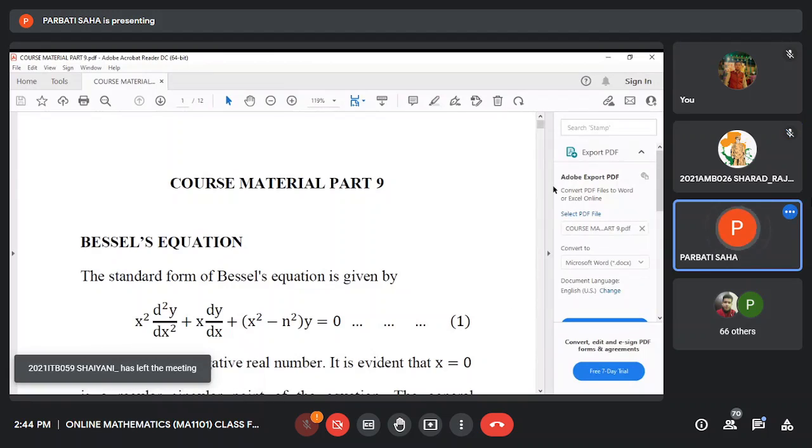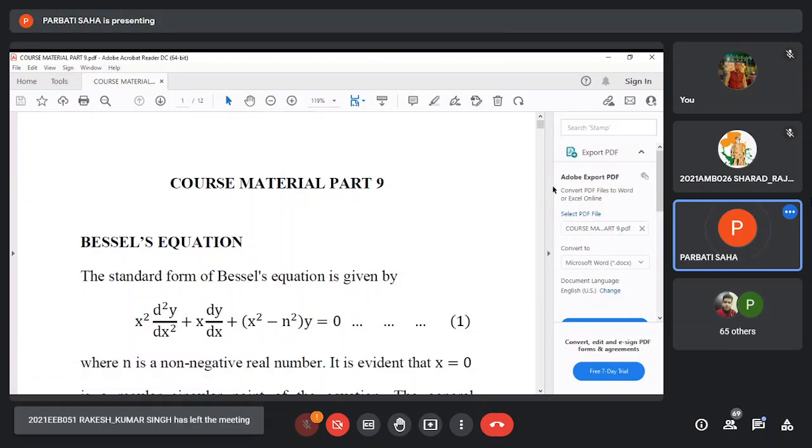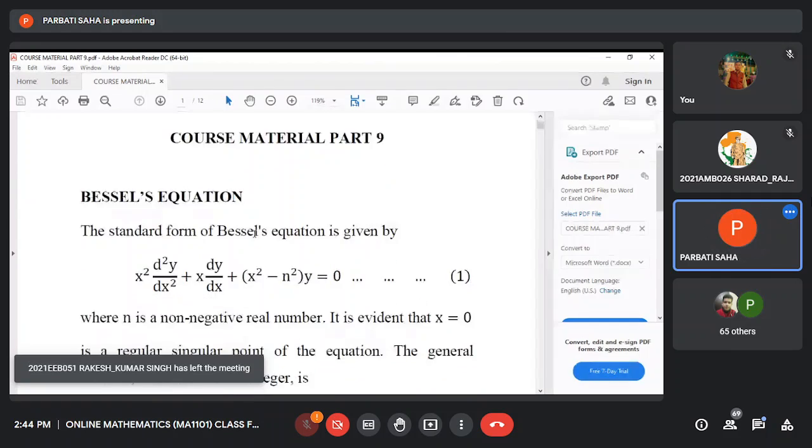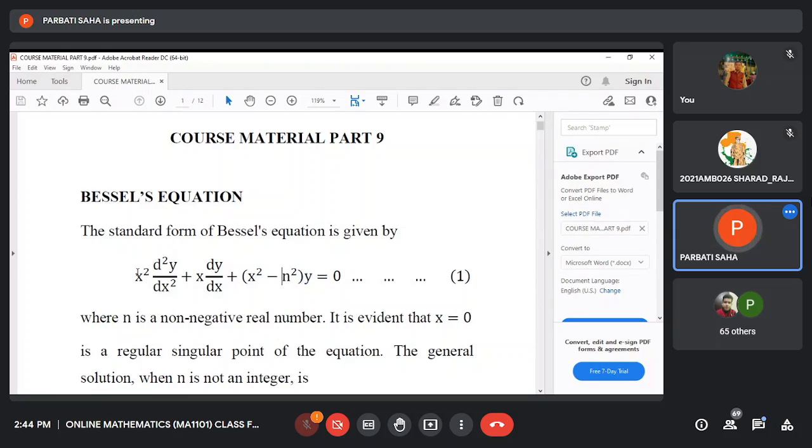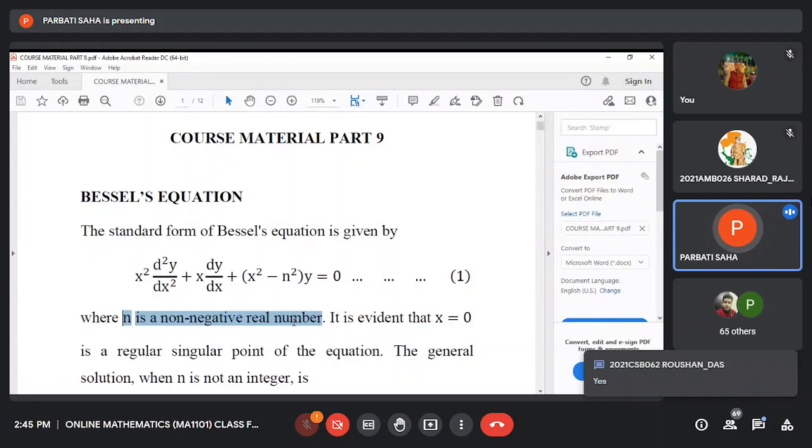Today I will discuss Bessel's equation. The standard form of Bessel's equation is given by this: x squared d2y/dx2 plus x dy/dx plus (x squared minus n squared) y equals 0, where n is a non-negative real number.